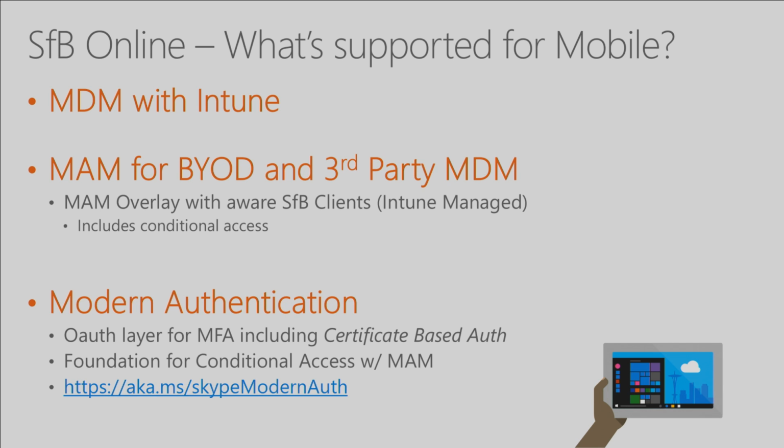Your users do not have a username and password. Certificate-based authentication as a means of doing modern authentication really allows you to do that. Right now, it's available online. We'll also be making certificate-based modern authentication available on-prem as well. We'll talk about that in a little bit.